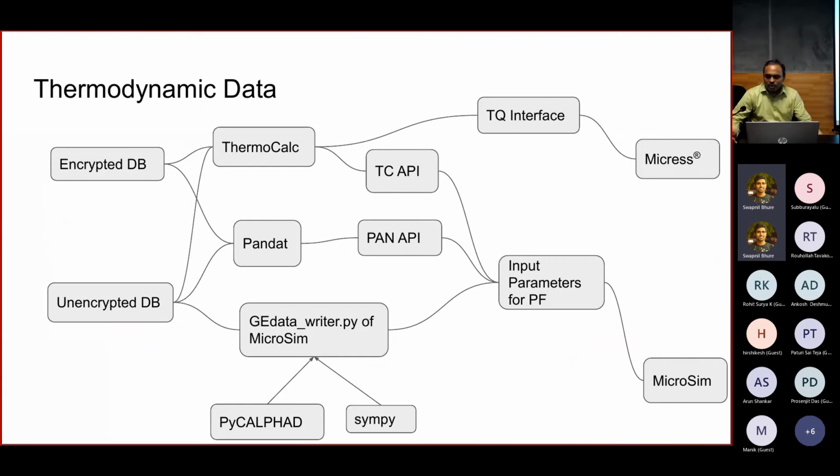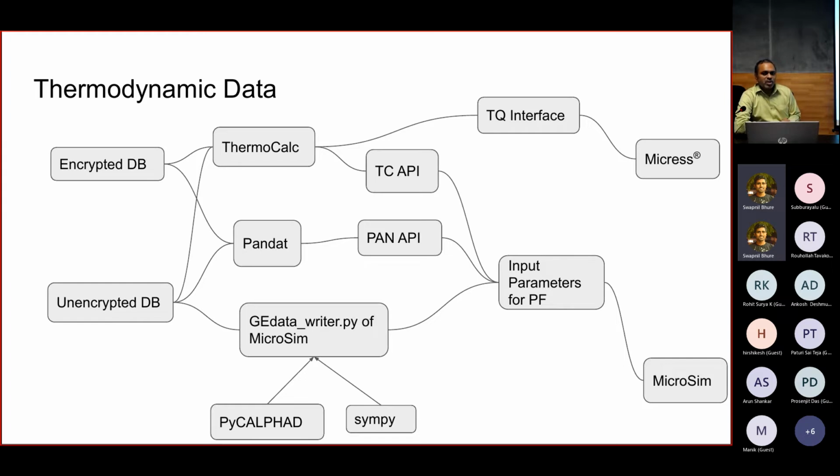This was again talked about by Abhik yesterday, where this overall feature of how thermodynamic data got integrated in this second version. So here I want to bring to your attention: if you look at a commercial tool like Micress, it's not that if you buy Micress you can start using the commercial databases and start simulating.